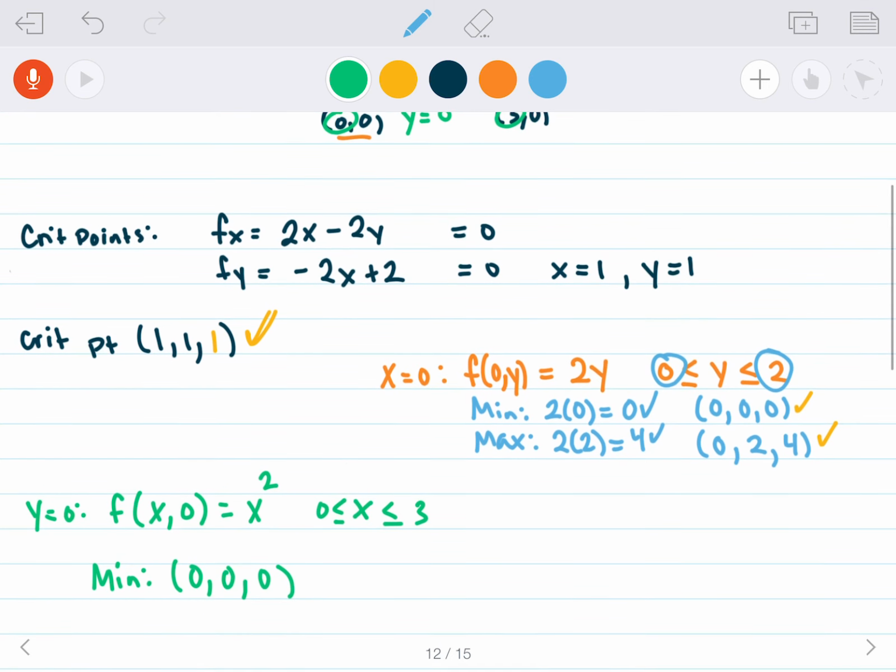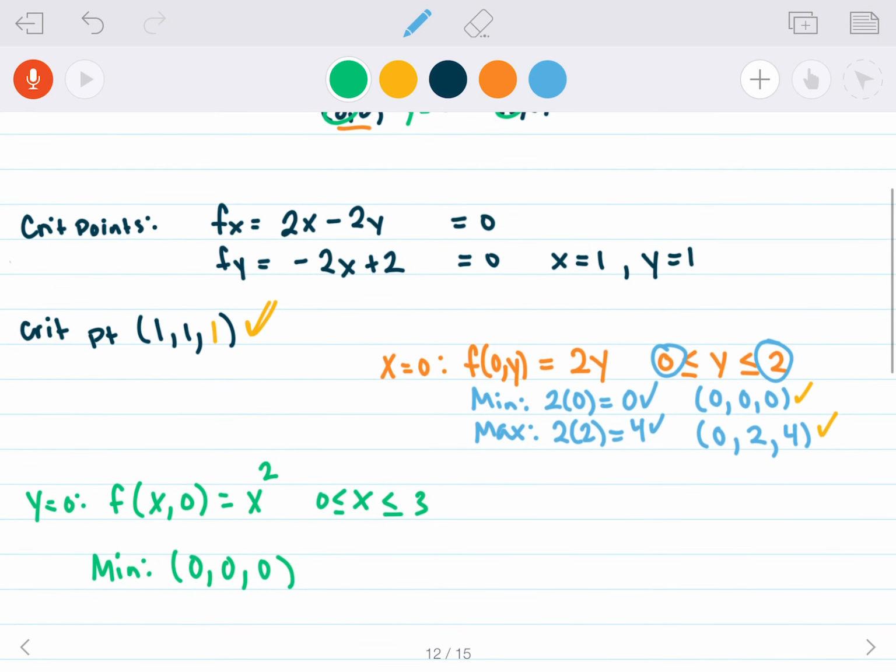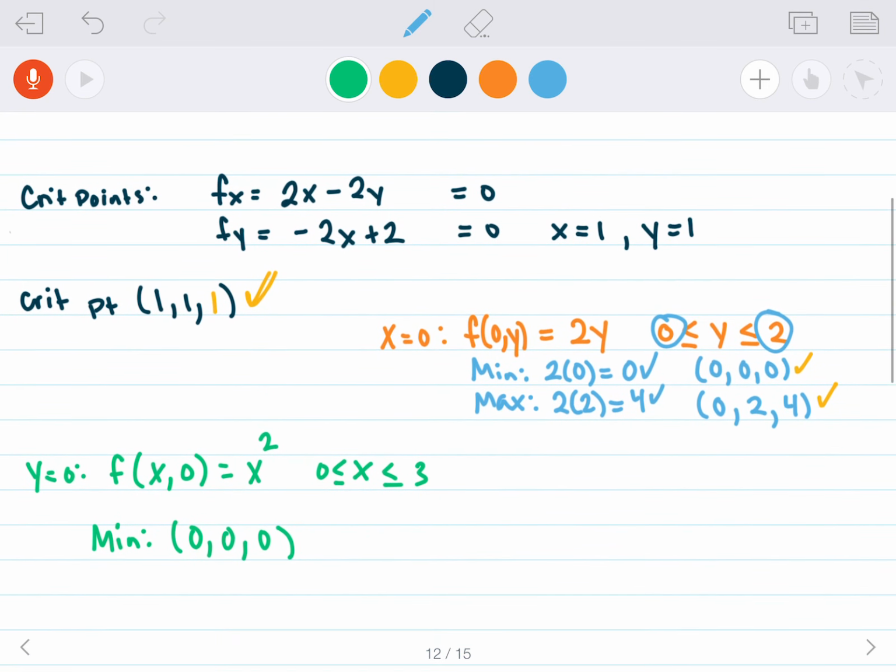And then the maximum value is going to be when x is 3, at the other end. y is 0, and if we plug in 3 for x into that guy, we get 9 for our output. So that is the max.